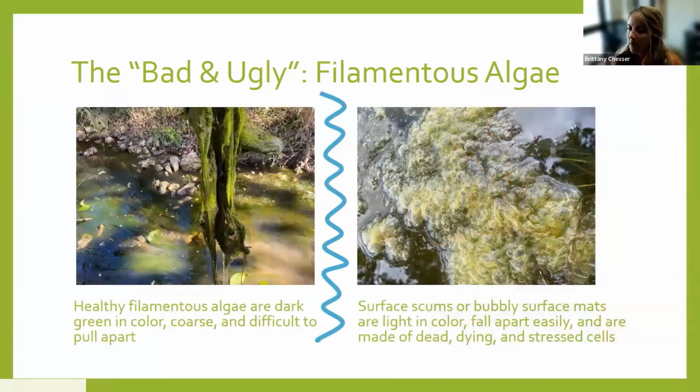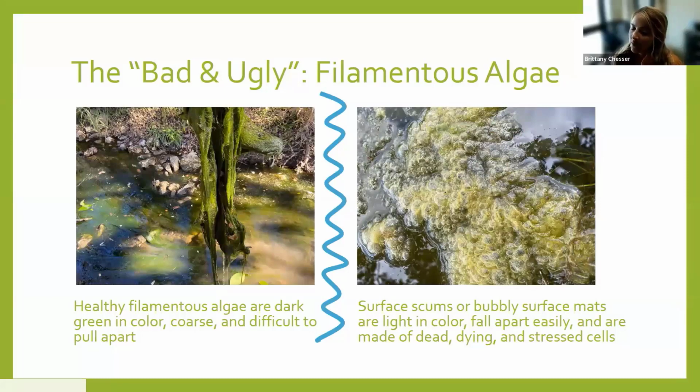Filamentous algae grow along the bottom of a pond like a carpet in shallow areas, usually during the spring. Healthy filaments are dark green in color, coarse, and difficult to pull apart. However, these filamentous algae species have different heat and UV intolerances, and they'll begin to die off as the water temperature increases. So you'll see them dying off in mid to late summer months.